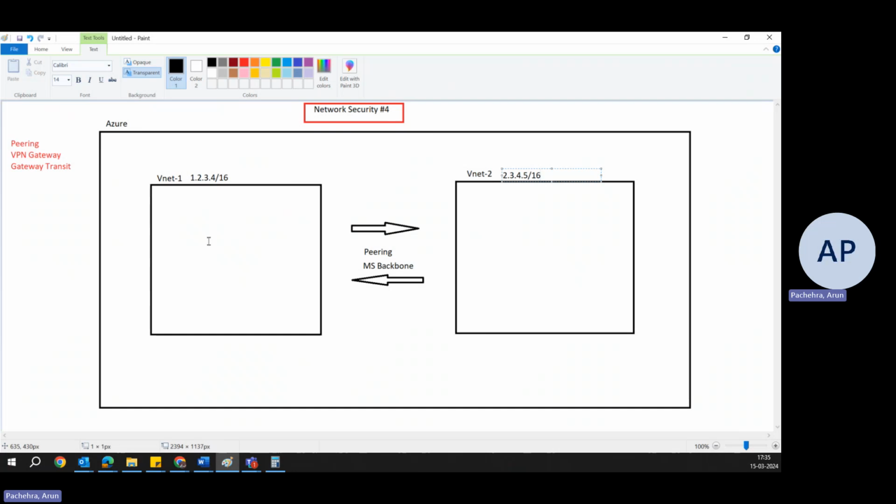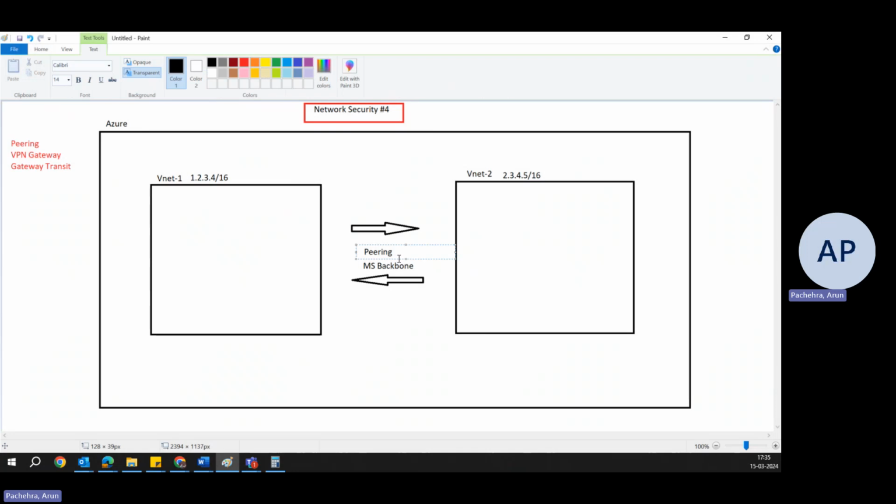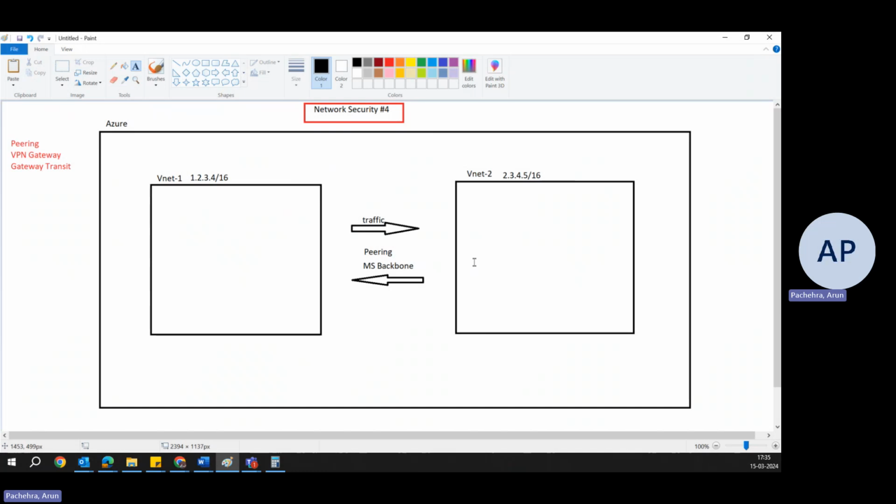And if we want this VNet to talk to this VNet, then what we do is peering. And what is peering? Peering simply means, and that's the reason I created Azure here, that this traffic is not going outside Azure and getting into VNet 1.